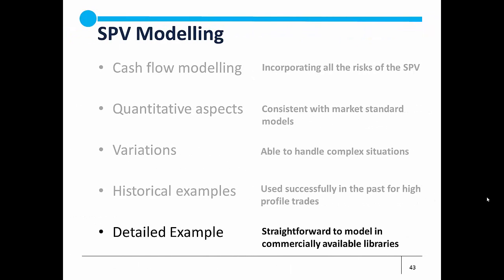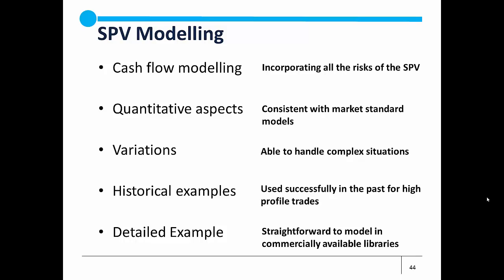Alright, so one thing I'd like you to remember from this detailed example is not so much the details, but the fact that it is fairly straightforward to model something like this in commercially available libraries. So that brings me to the end of this section on SPV modeling.